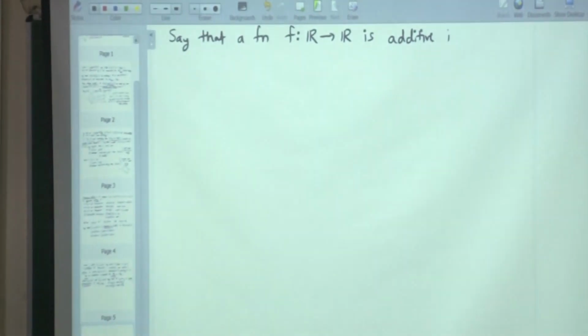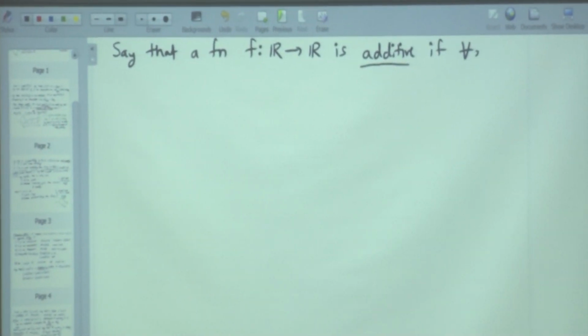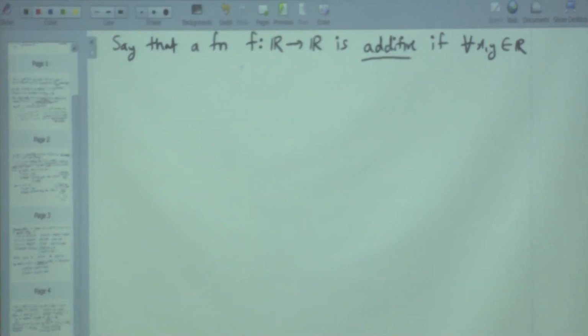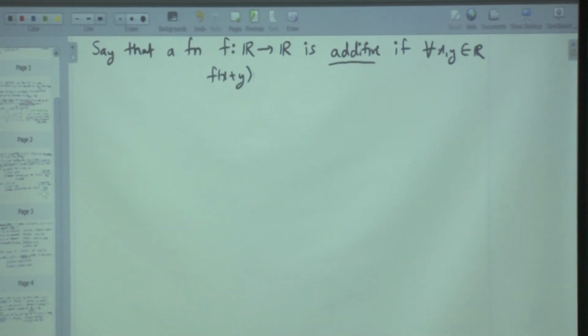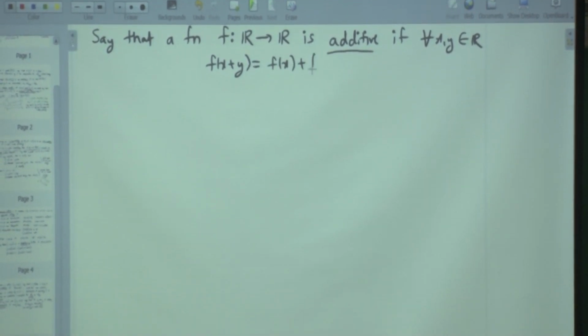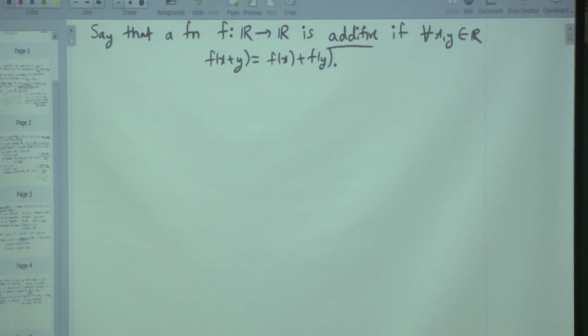Say that a function f from R to R is additive if for all x, y in R, f of x plus y is equal to f of x plus f of y. Give me an example of an additive function.